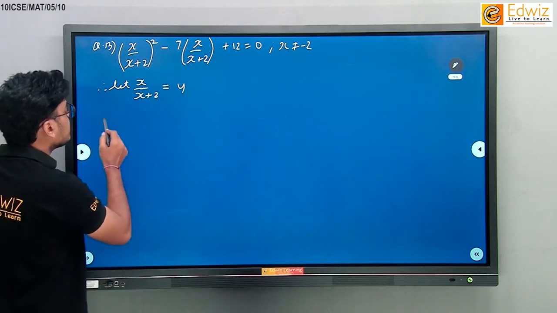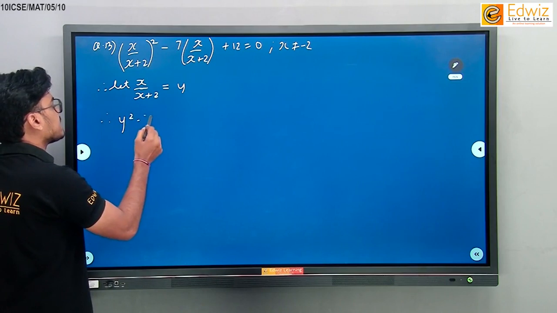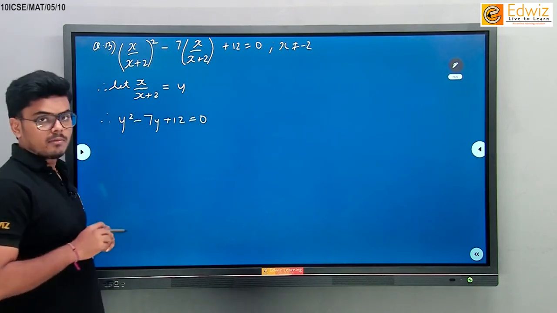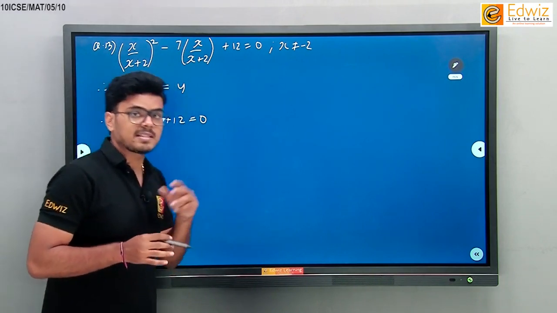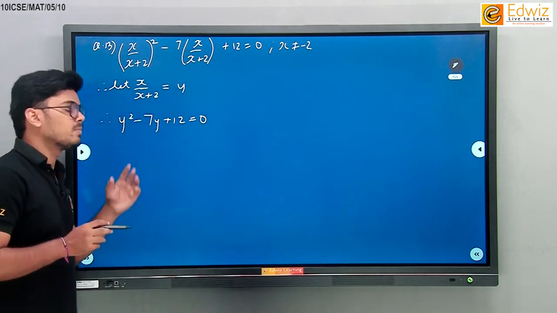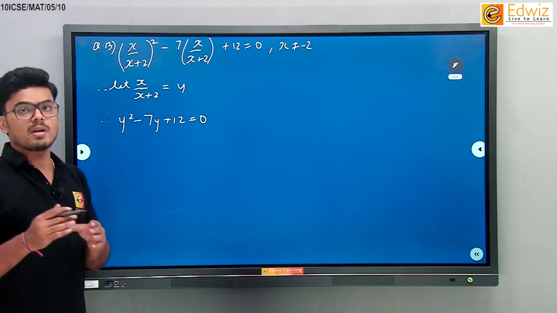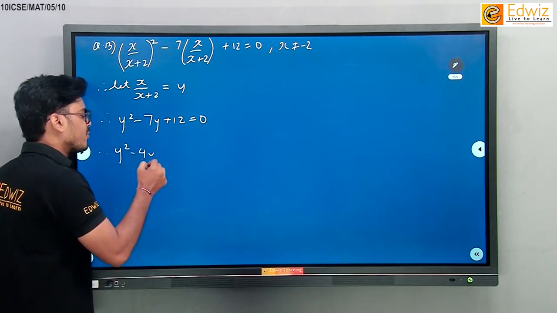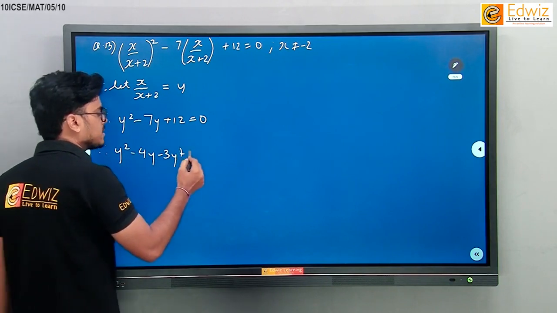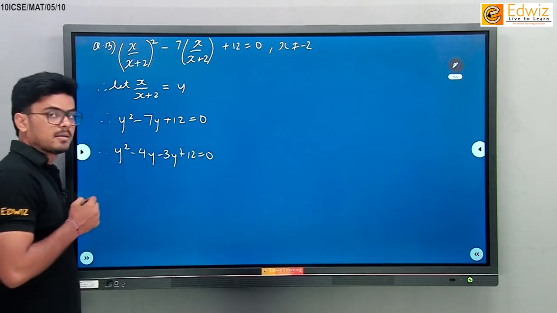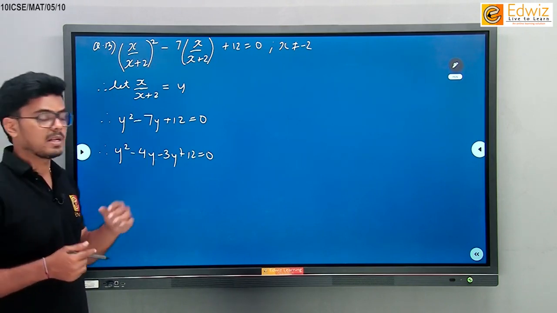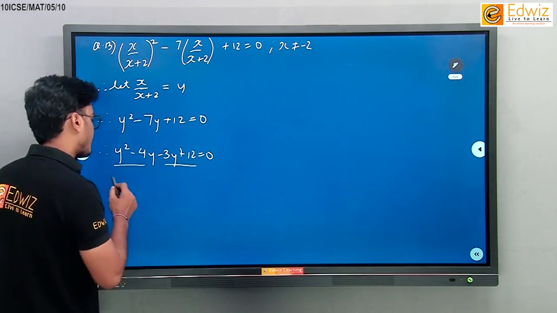So the equation simply will become y square minus 7y plus 12 equal to 0. Correct? We need factors of positive 12 such that the addition of the factors will be minus 7. So minus 4 and minus 3 are the factors. Minus 4y minus 3y plus 12 equal to 0. Correct? Addition is minus 7 and product is positive 12. Make groups.